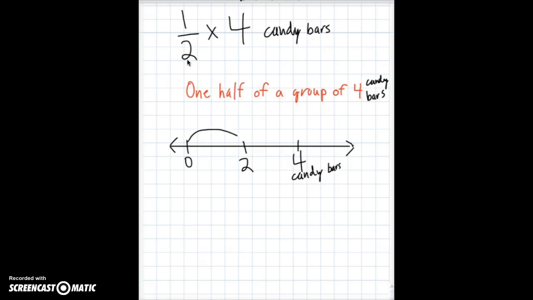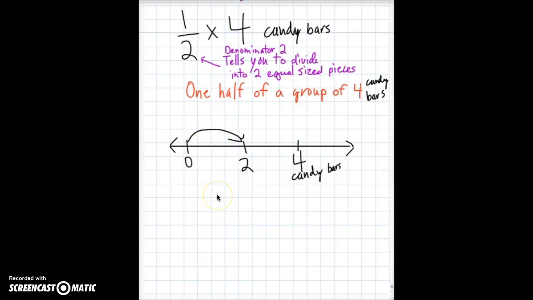So half of a group of 4 candy bars looks like that. Now this is a really important idea. The denominator 2 tells you to divide into 2 equal size pieces. And that is what happened here.